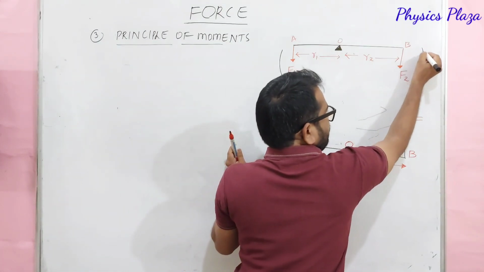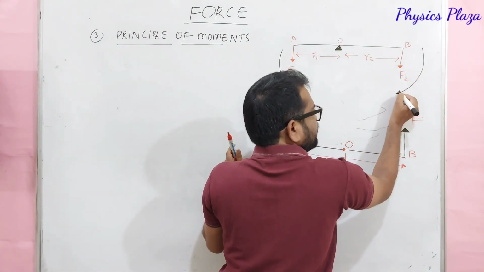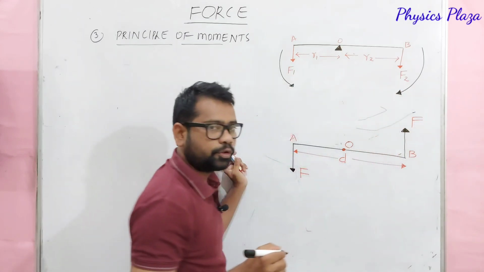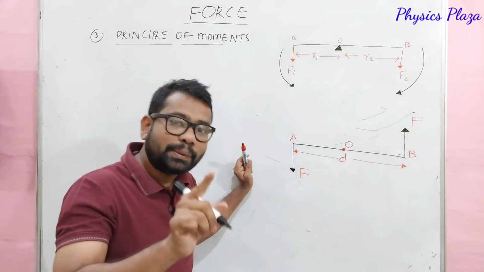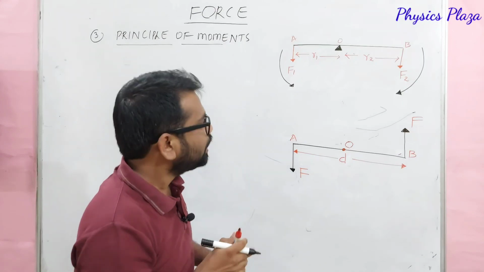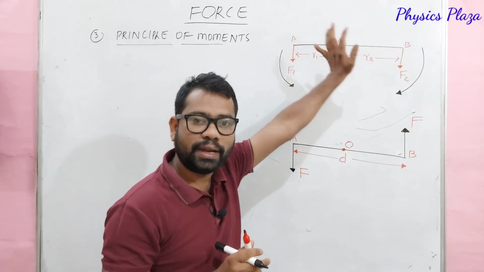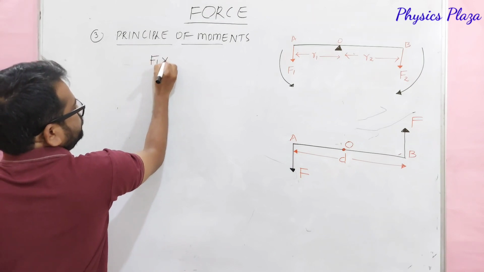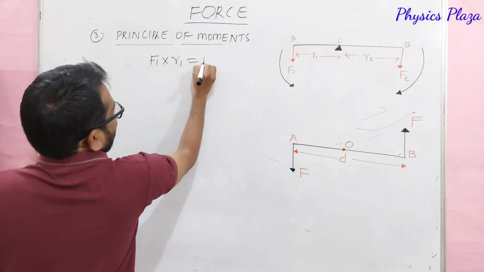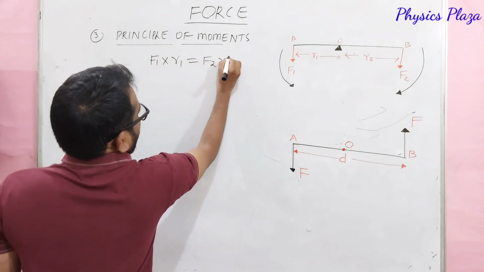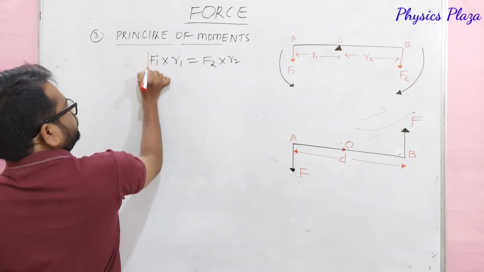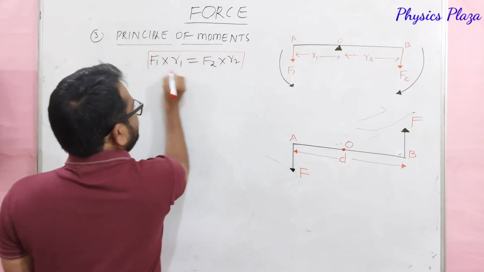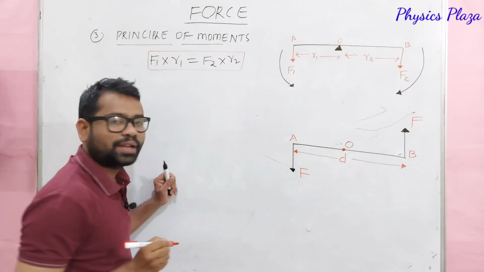Whereas F2 will try to rotate it so that there will be a clockwise moment of force. But in equilibrium, I repeat once, clockwise moments of force are equal to anti-clockwise moments of force. So you can write F1 into R1 is equal to F2 into R2. This is very important; based on this only we will have numericals.